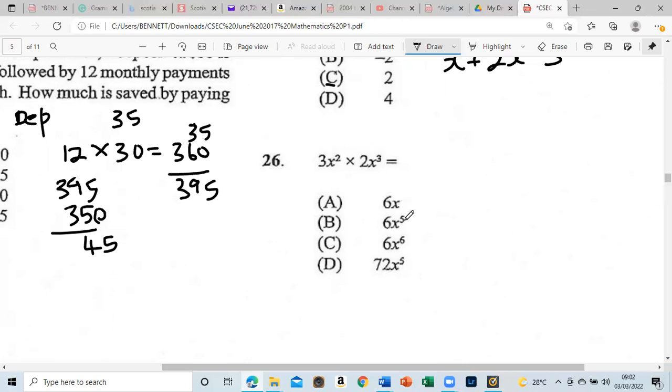If you said 6x to the 5, you add the powers, this is fairly simple. So 2 plus 3. I have done this on my channel quite a few times. So 26 is B.